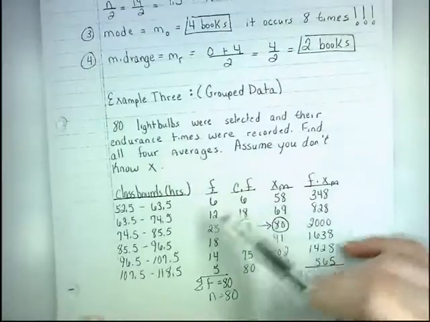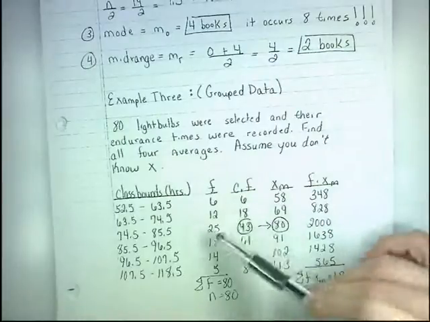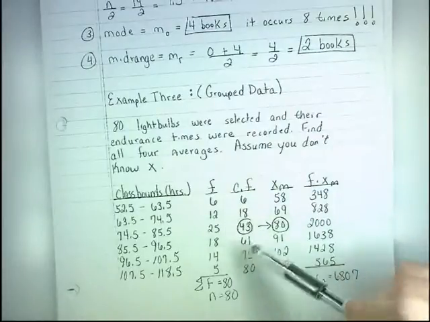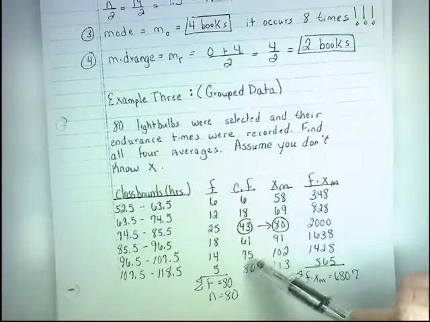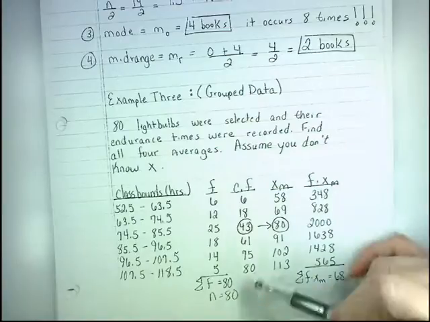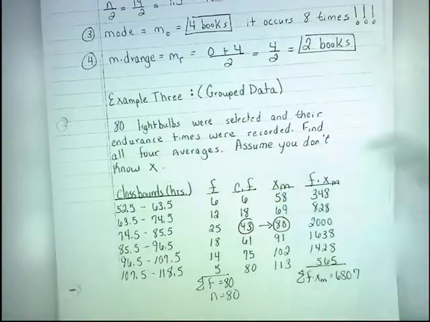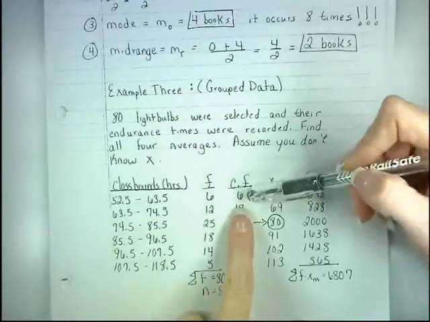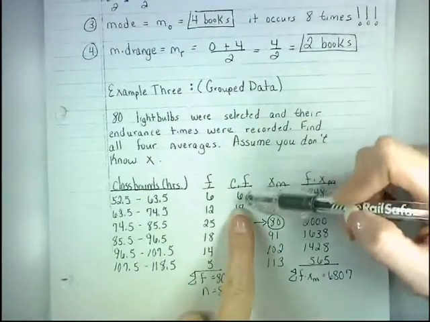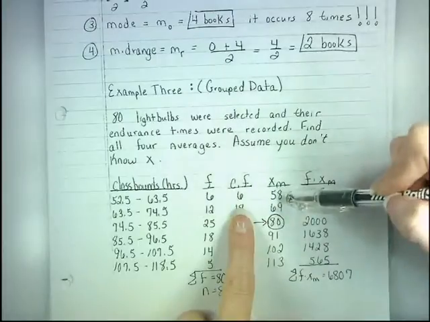And then 6 plus 12 is 18. 18 plus 25 is 43. 43 plus 18 is 61. 61 plus 14 is 75. And 75 plus 5 is 80. And the last value is the sample size. This means that my first 6 midpoints, or values in the data set, are all 58 hours.